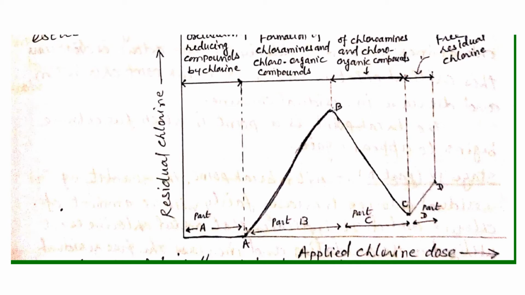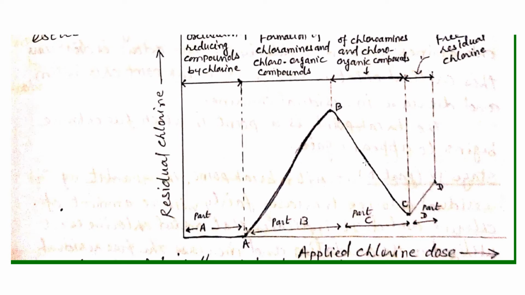Now from point B to point C, we discuss the third stage of the graph. This is the first stage, from the initiation to point A. This is point A to B, the second stage, and point B to C is the third stage, where if we add more chlorine dose, suddenly the pungent smell reduces, and the decomposition of chloramine derivatives and chloro-organic compounds takes place.